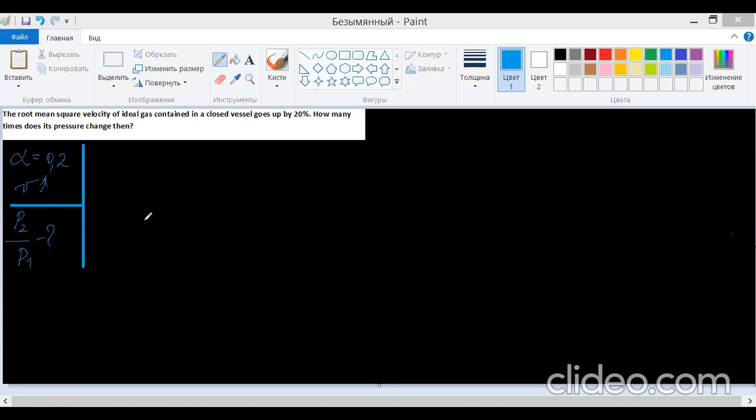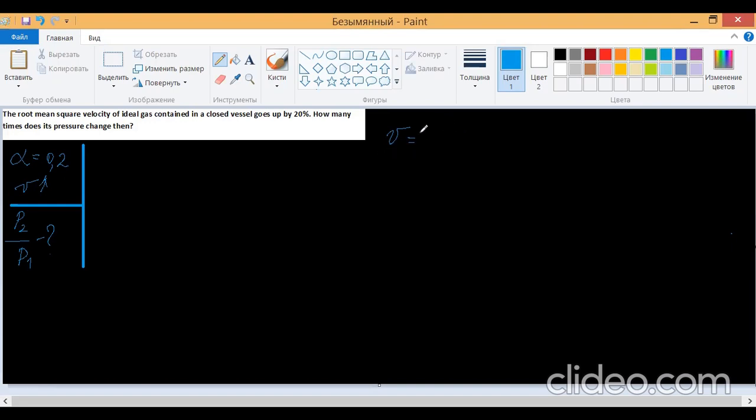So from the course of statistical thermodynamics, we know that there are several types of velocities of molecules we usually deal with. One of them is this one, root mean square velocity, right?